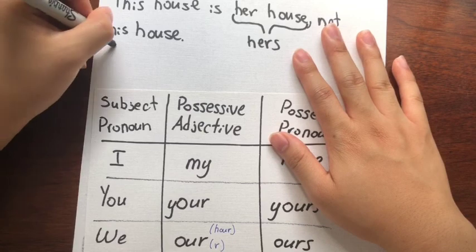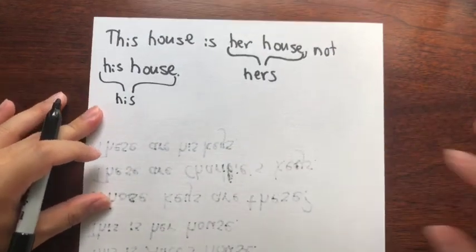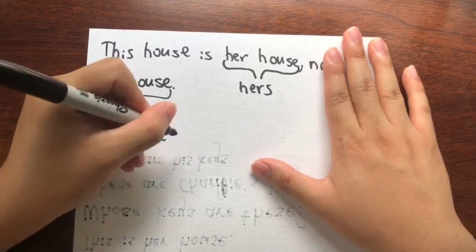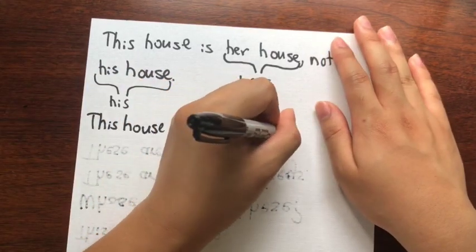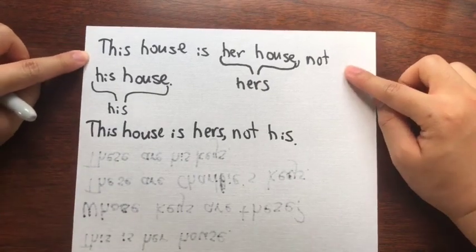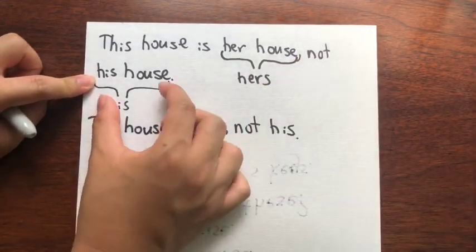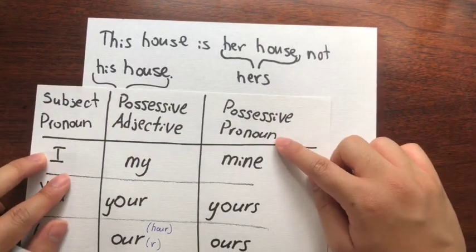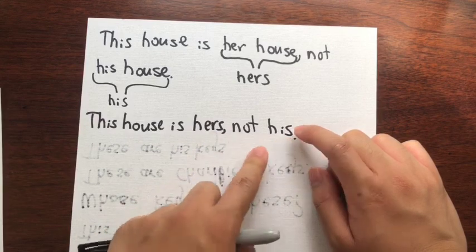So the shorter sentence is, this house is hers, not his. We can say, this house is her house, not his house. Or we can change her house to hers and his house to his. These are possessive pronouns. So the sentence is, this house is hers, not his.